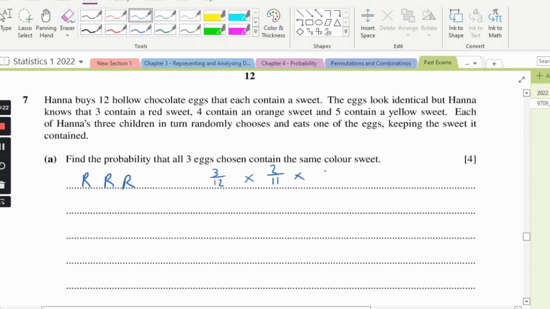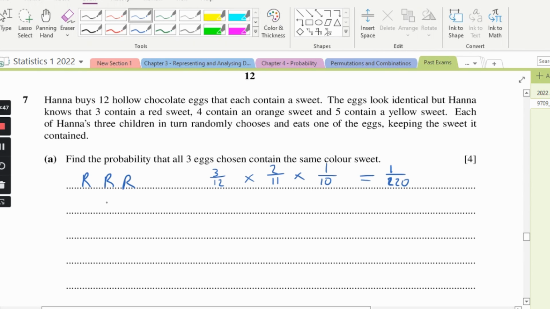And then now you want to choose your third. There's only 10 eggs left, and the chance of getting a red is now at that point 1. So when we multiply these all out, what do we get? I got 1 over 220.